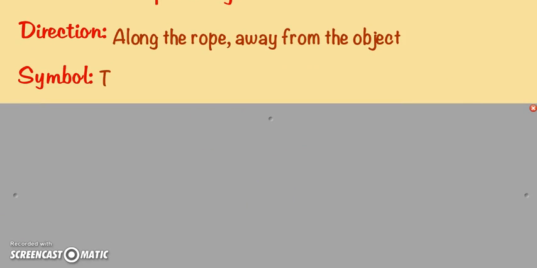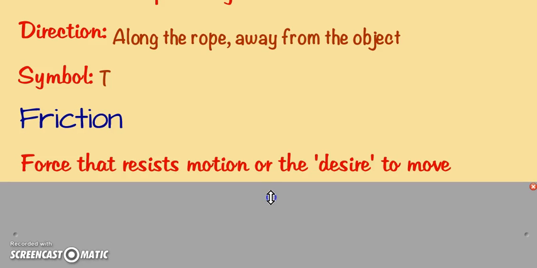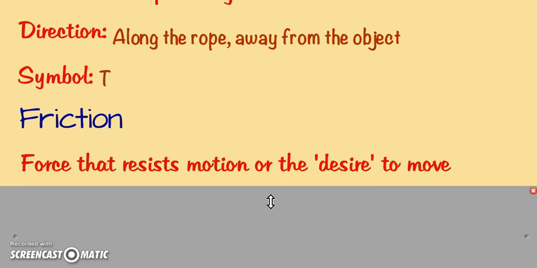Our last common force that we'll deal with is the force of friction. Friction's a force that we know, it's a pretty common term. It refers to the force that resists motion, or, I have in quotes, the desire to move. In other words, if you just have an object sitting on a flat surface, no friction is present.